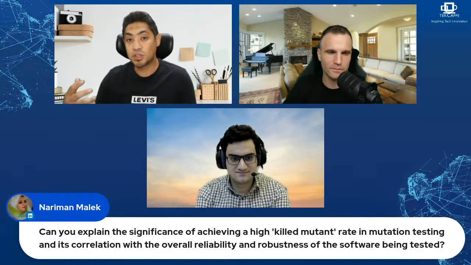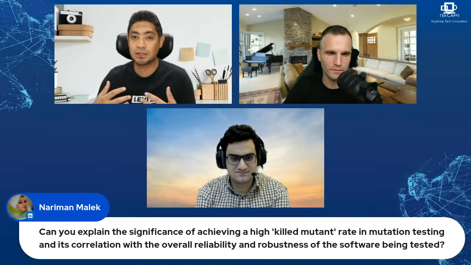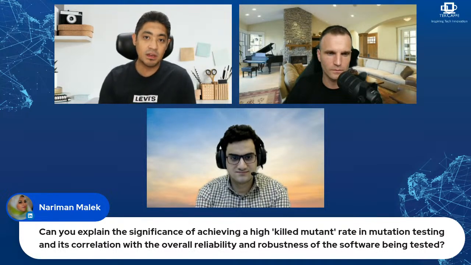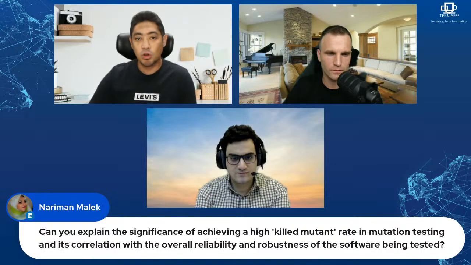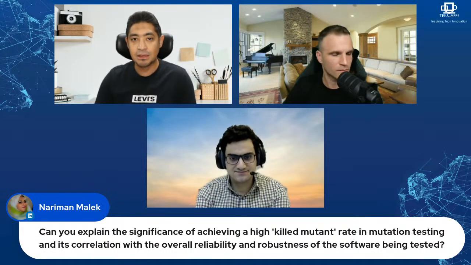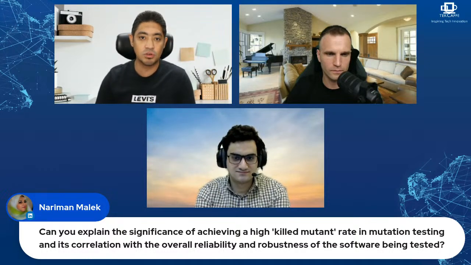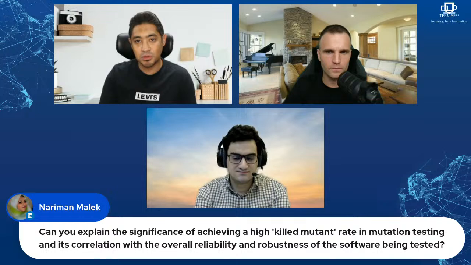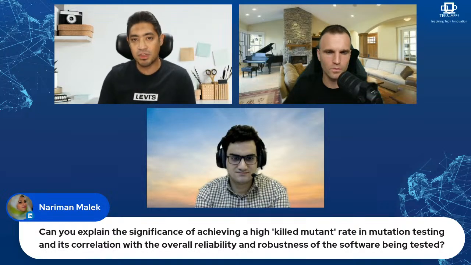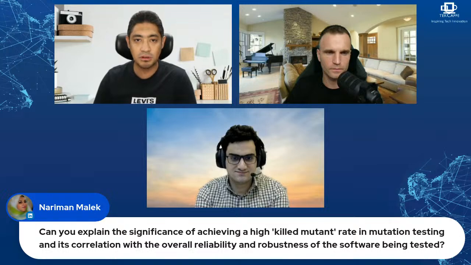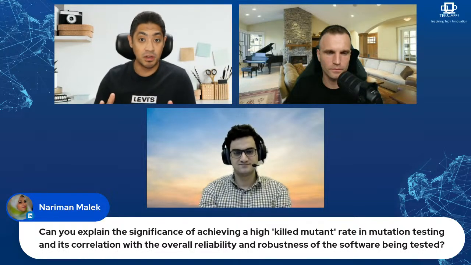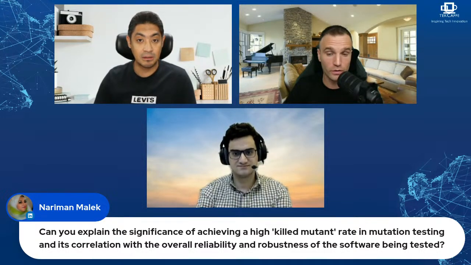Okay, and if mutation testing is going to help you write better tests, and these tests drive your design and your development, then overall, the mutation score you're getting is helping you build more reliable and robust software. Okay, so there's a relationship between both techniques, and they both help you at the end get high quality software. I don't know if you agree with me, Daniel, or not. Absolutely, couldn't agree more.